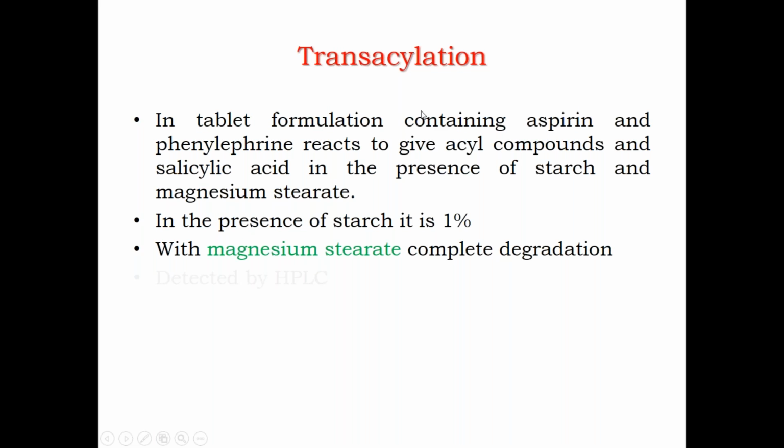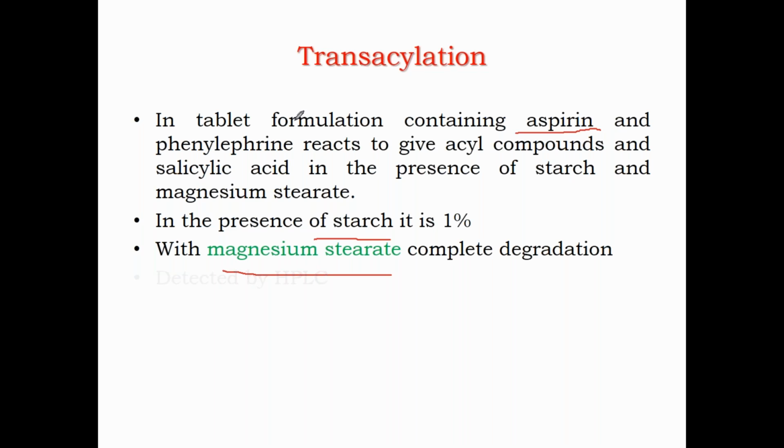One more example of a chemical reaction is transacylation. The example you could see was observed in the presence of starch. They could observe that in the presence of starch, and again the same magnesium stearate coming up, when they were trying with the aspirin formulations.